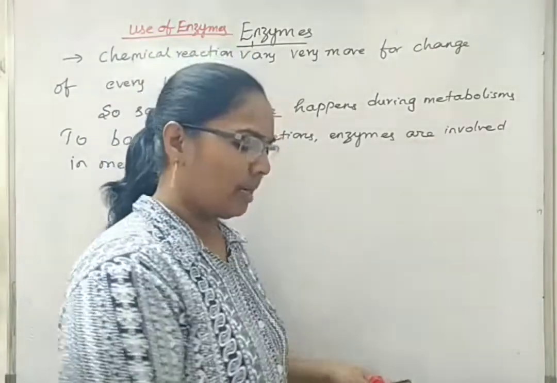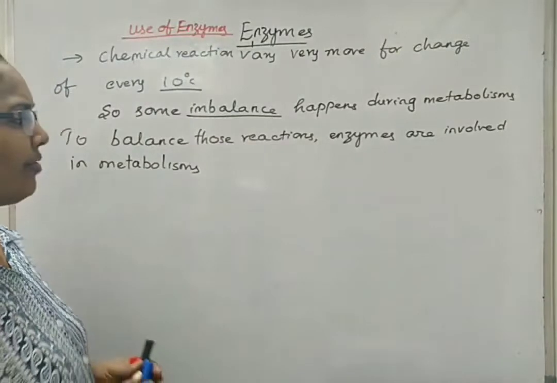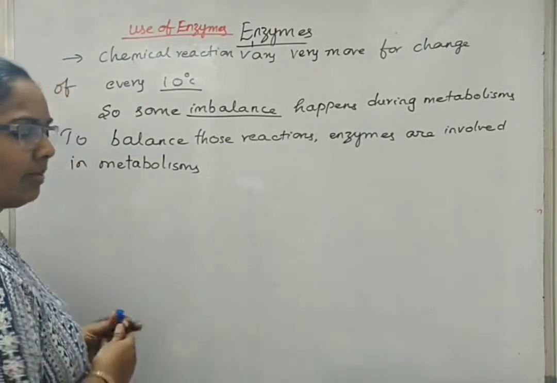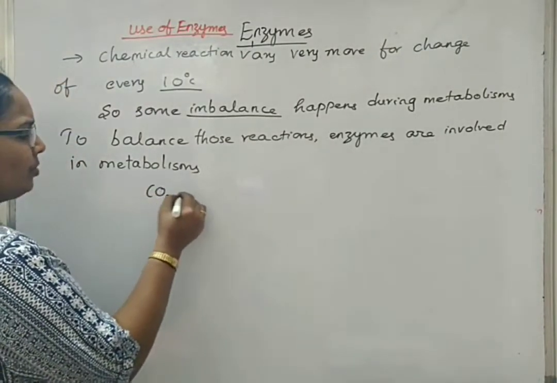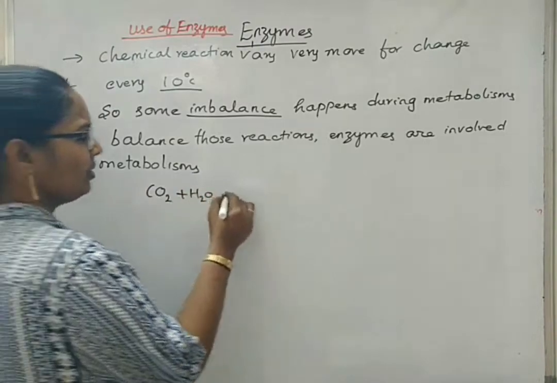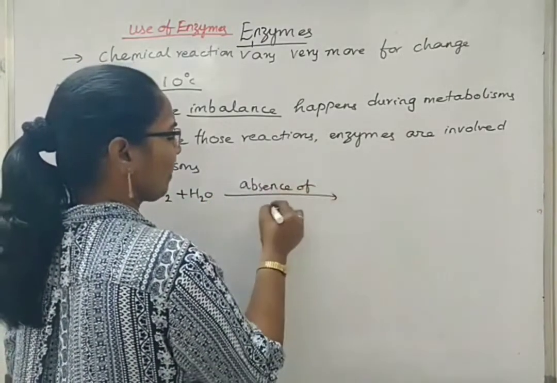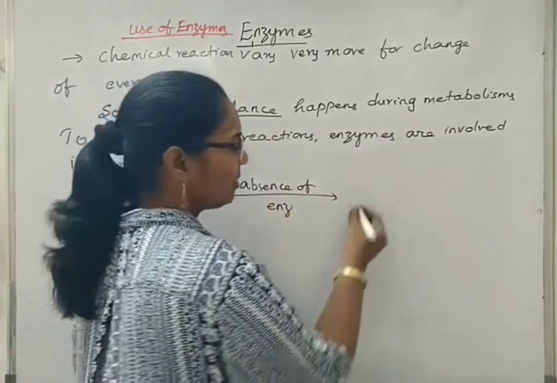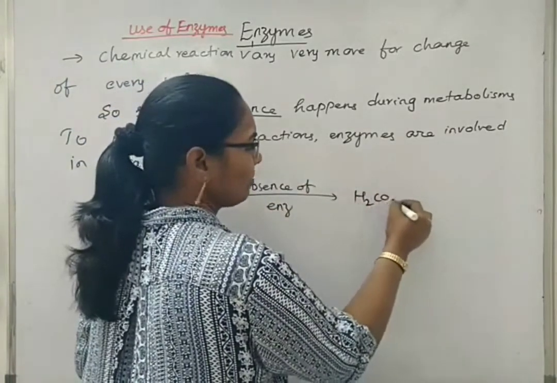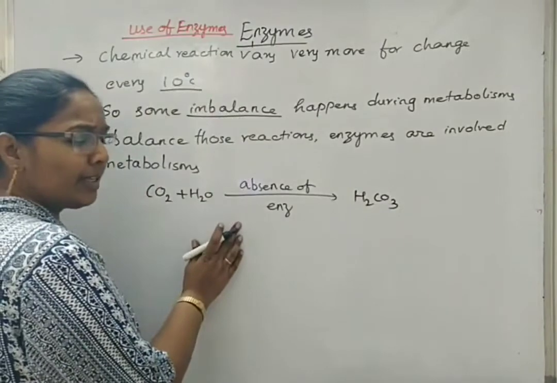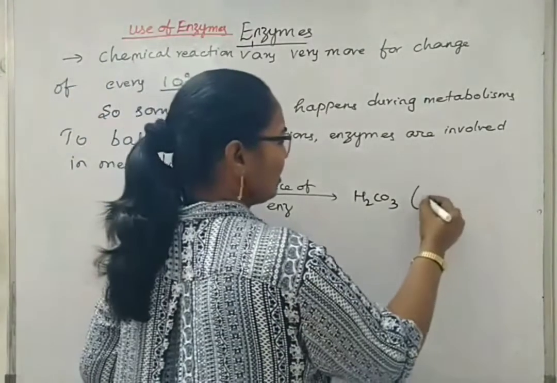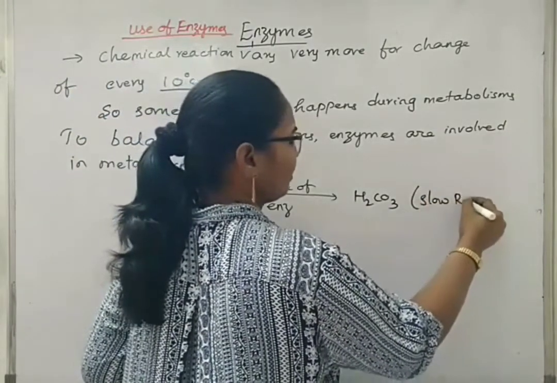We will see one example regarding the slow reaction and also the fast reactions. Just one example we will see. CO2, when bound with water in absence of enzyme, gives carbonic acid. In absence of enzyme, this is considered a slow reaction.